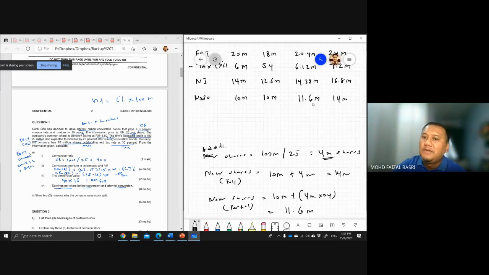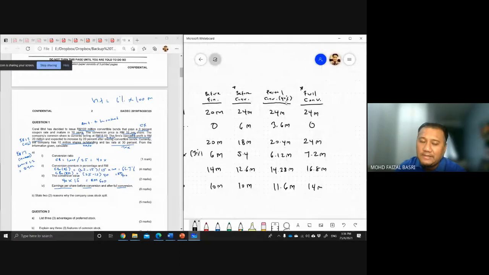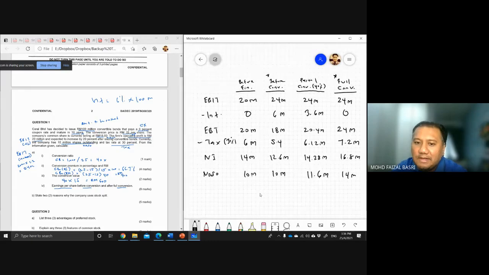So that's why number of shares outstanding, based on partial, again, this is based on 40%. So 40% share, 60% masih bond. So that's why we still pay partial the interest, but for the new shares, kita kena include yang partial convert sahaja. Okay, so once you have all of this information, then we can calculate the earnings per share.